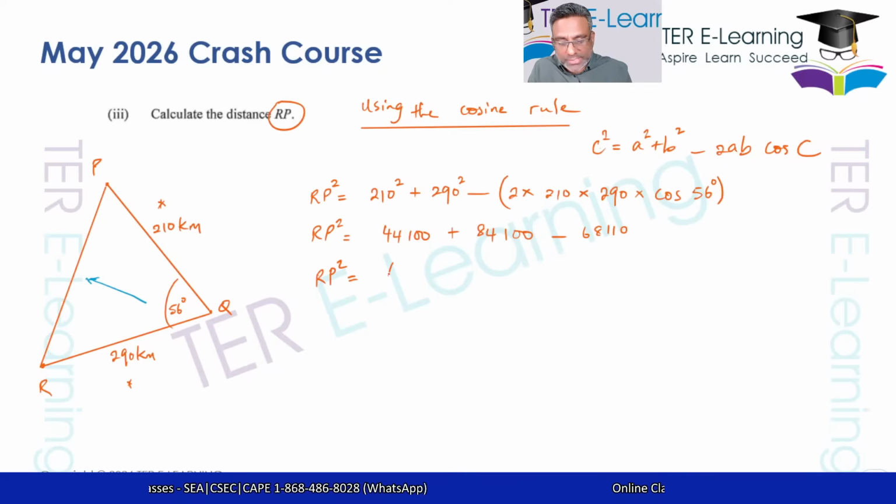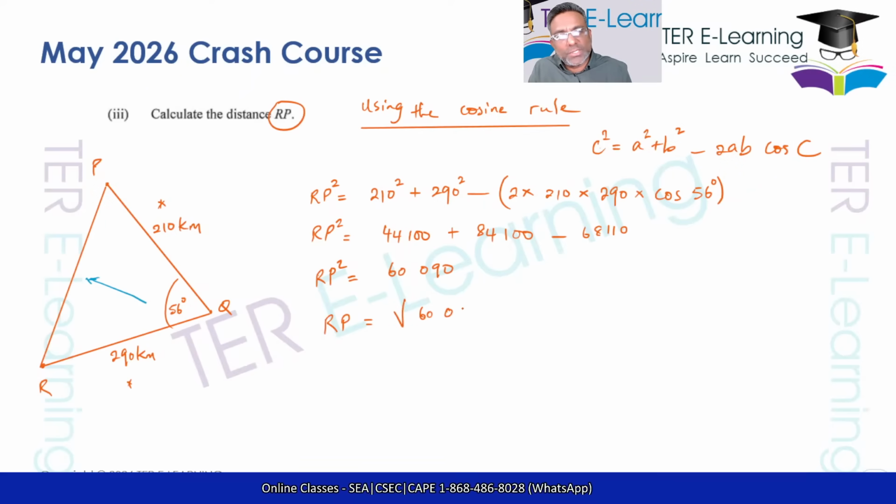All right, so we get 60,090. Therefore, RP is equal to the square root of 60,090.